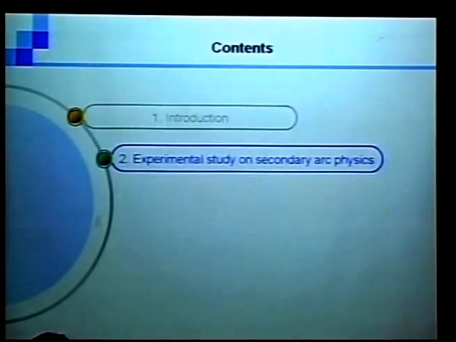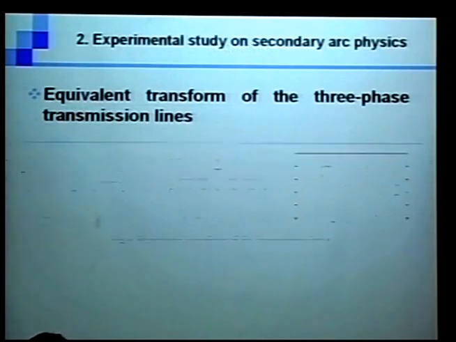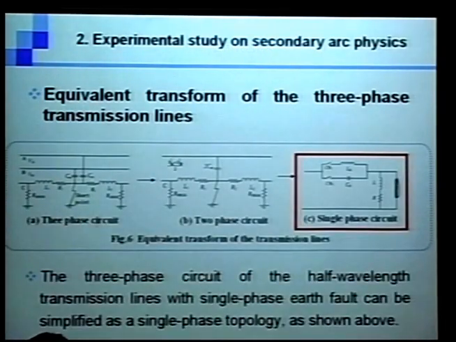Okay, now comes what we have done: an experimental study on the secondary arc physics. There is no practical project at the moment anywhere in the world, so we cannot do on-site experiments. We just do experiments in our high voltage lab. So we must base on some equivalent circuit for the real three-phase transmission lines.